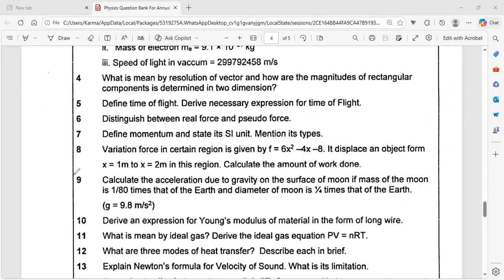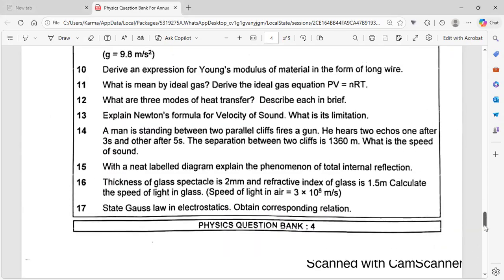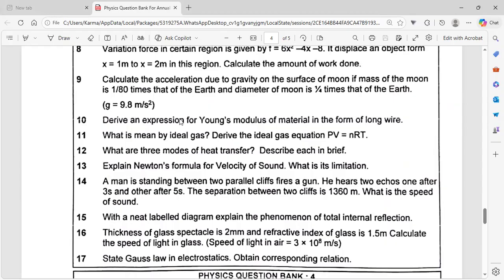What do you mean by ideal gas? It obeys all the laws without any confusion. Here is the expression PV is equal to RT. Pressure is inversely proportional to the volume, not directly proportional. Volume is directly proportional to the temperature.